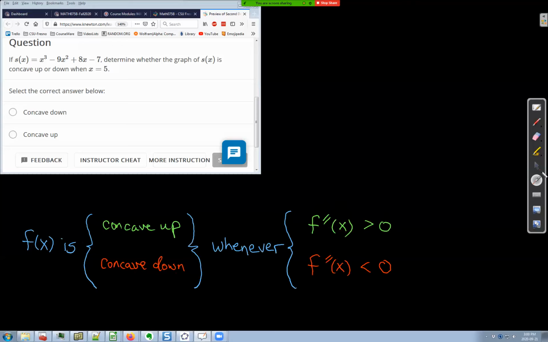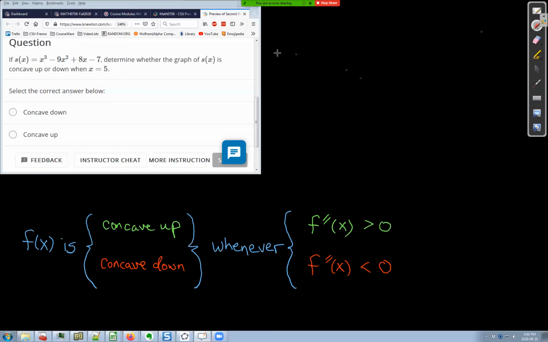If you understand that, then this problem is not too big of a deal. To answer this question, what I would do is find the second derivative.